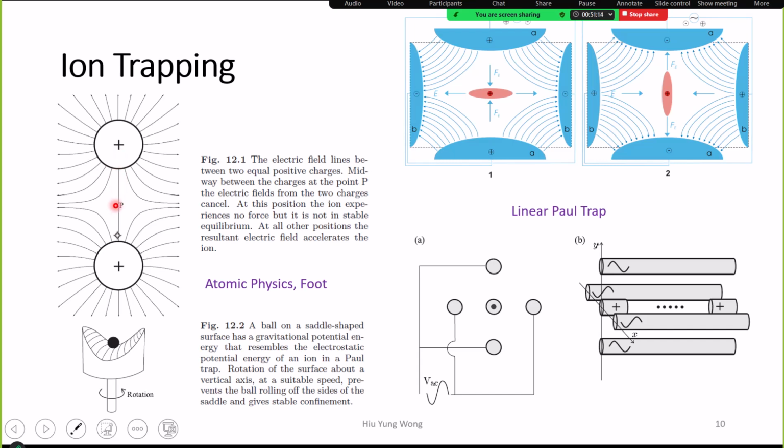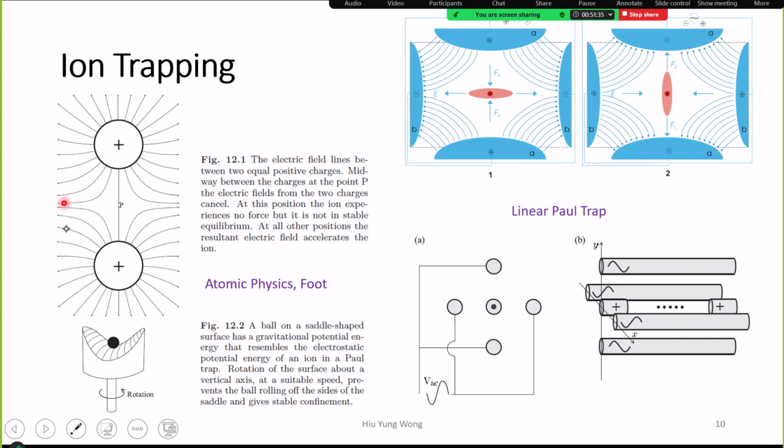Because this is positive, this is positive. But the problem is that it's just like this saddle landscape. In this direction, this is the minimum. But in the lateral direction, it is the maximum. Just like when you ride a horse, the saddle.